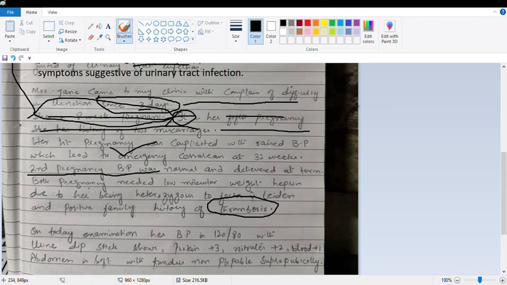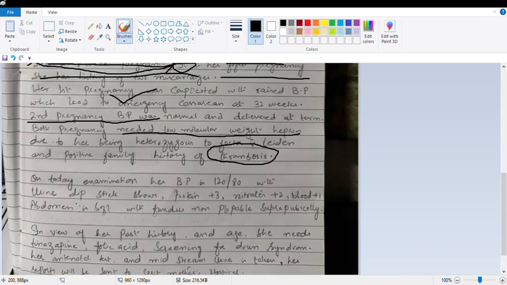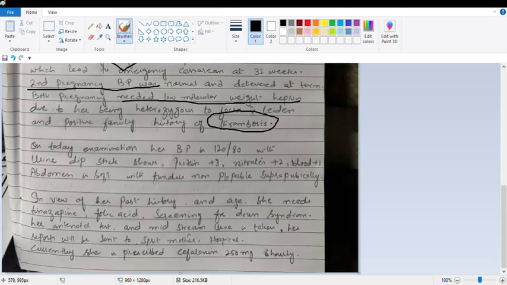So both pregnancies needed low molecular weight heparin due to her being heterozygous for factor V. And on today's examination her BP is 120/80 with urine dipstick showing protein plus 3, nitrates plus 2, blood plus. Yeah, you have mentioned all the relevant information, but not in a good way.